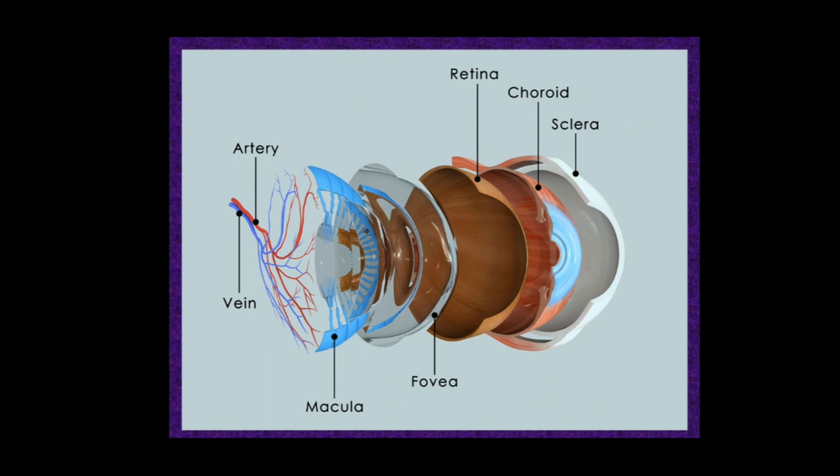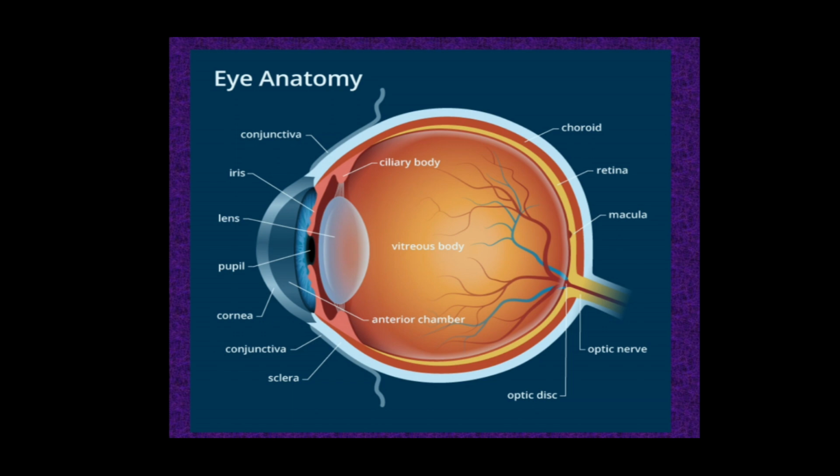So this is the picture showing the different layers or sections of the eyeball: sclera, choroid, retina, then different regions in our eye, then the arteries and veins. So all together makes the eyeball.